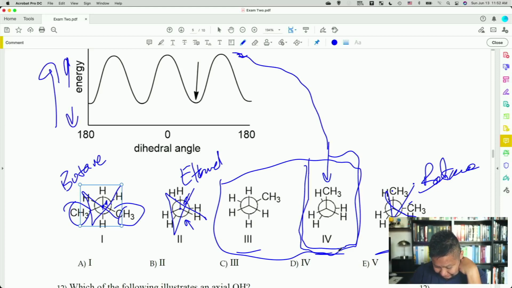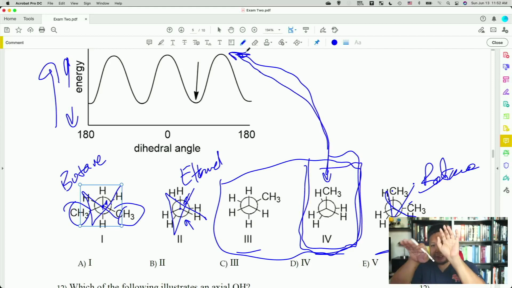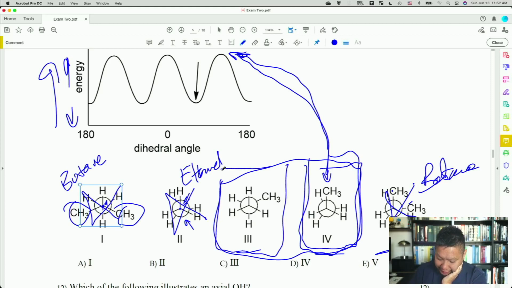This one, in the eclipsed, is the peak, because when you eclipse each other, there's steric hindrance, and so there's more energy. So the only other answer is this, because right now they're staggered, and staggered is the lowest energy when it comes to the rotation of the sigma bond in propane. So the answer here is C, or structure III, or 3.